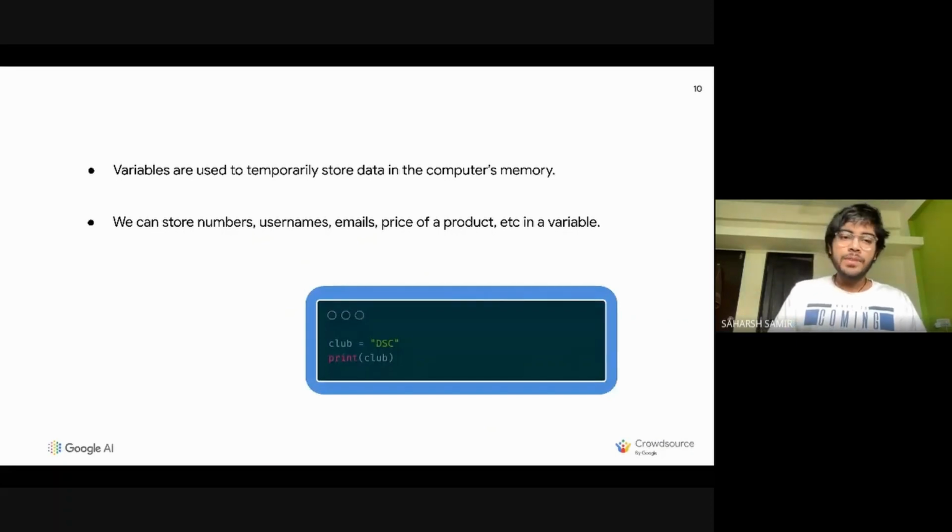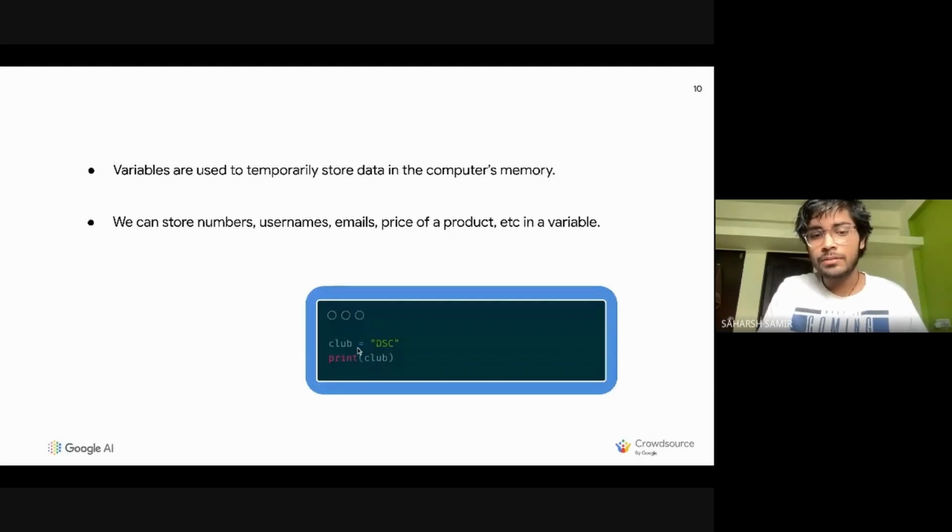You can use variables to store data temporarily in the computer's memory. You can store numbers, usernames, emails, etc. For example, you give your variable a name.